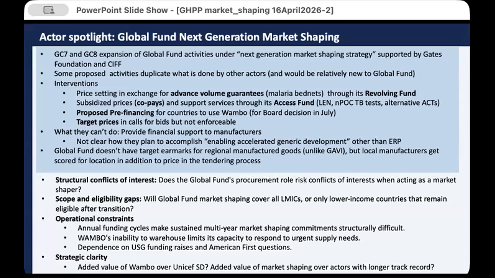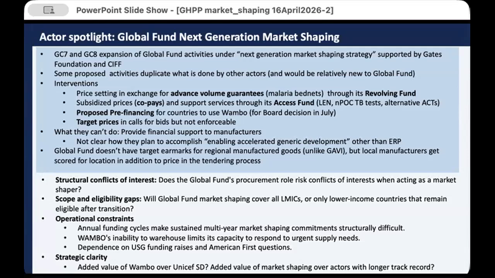What they can't do is provide financial support to manufacturers. So some of the critical interventions that you've seen by Unitaid, which we'll talk about, by CIF, by the Gates Foundation, by MedAccess, although MedAccess does in the case of loans for providing CapEx. This is something the Global Fund cannot do.